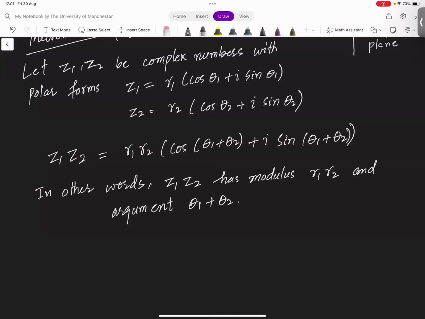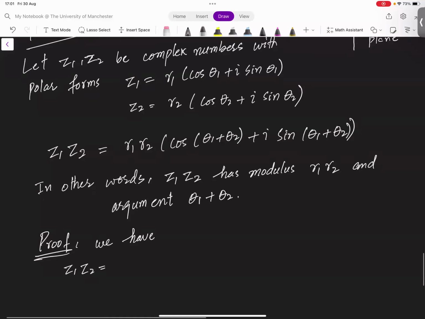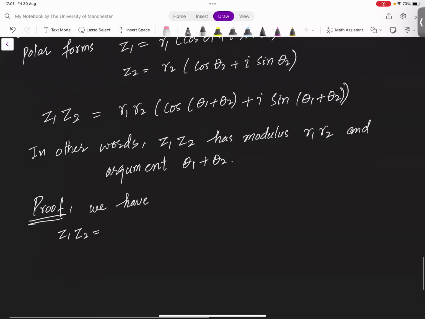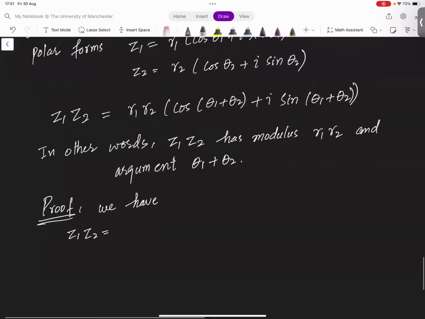You can prove this. We have this product. Because these numbers are just constants, we can multiply them and write them in front.